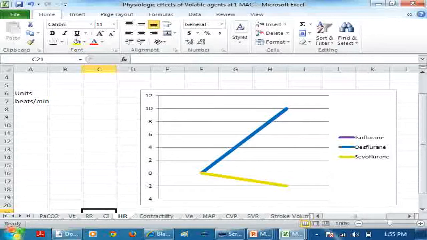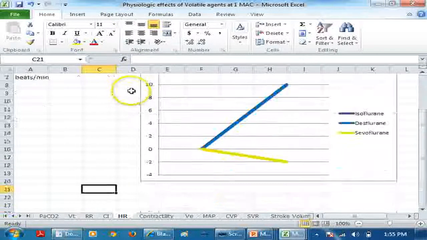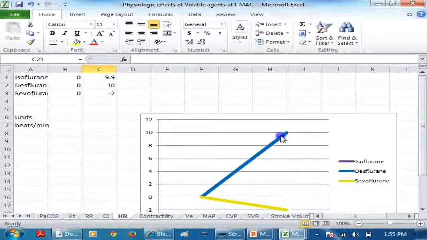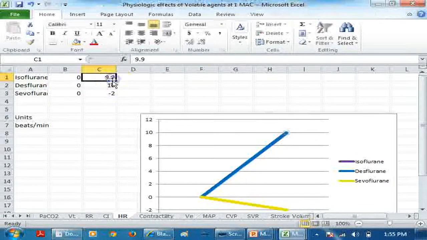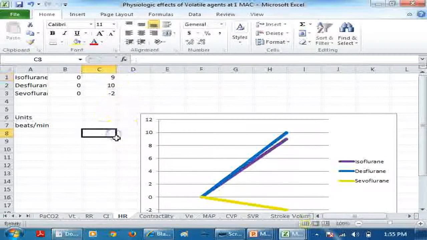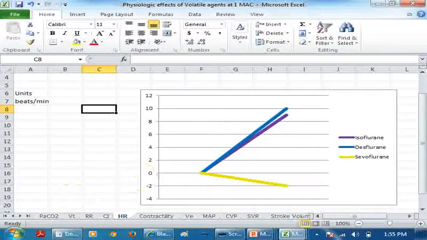Man, that increases it by 10 beats a minute. Actually ISO is underneath there, my bad. Let me make this 9 so you can see it. There you go. So ISO and DES, they increase the heart rate. But DES does it a little bit better than isoflurane.